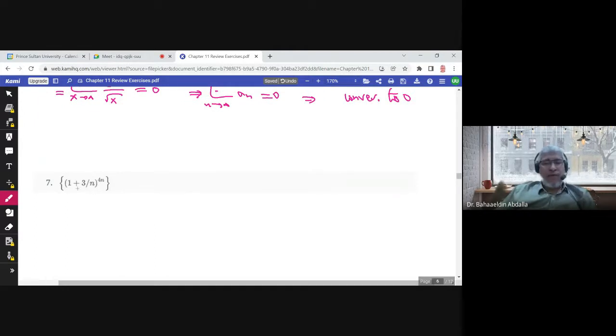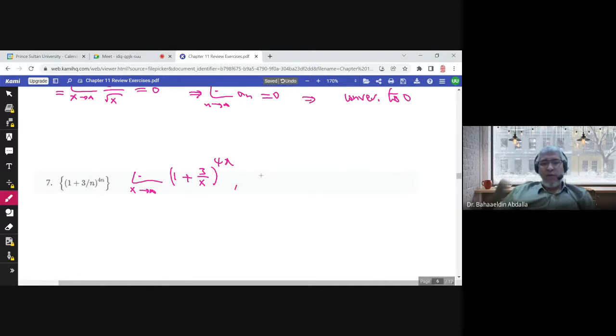If I try to find the limit, 3 over infinity is 0, so 1 to the power infinity. So I'll find the limit of 1 plus 3 over x to the power 4x when x goes to infinity. 1 to the power infinity.